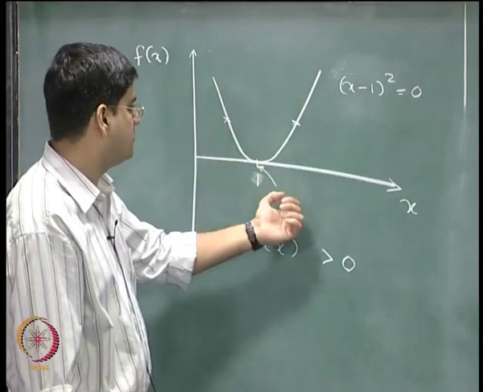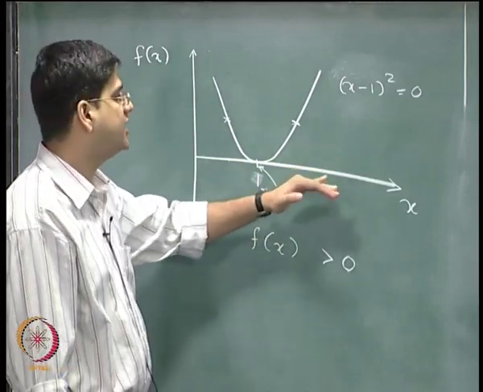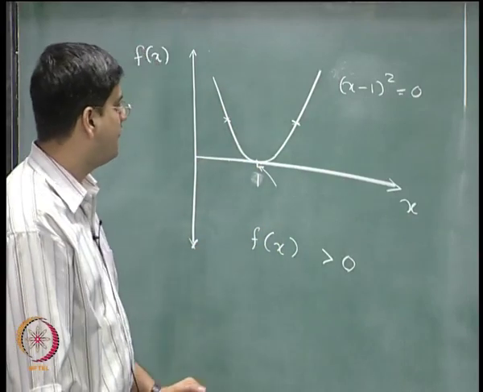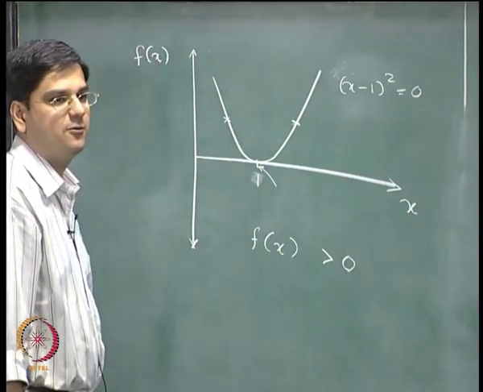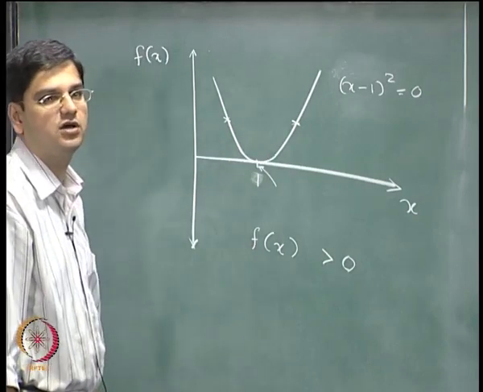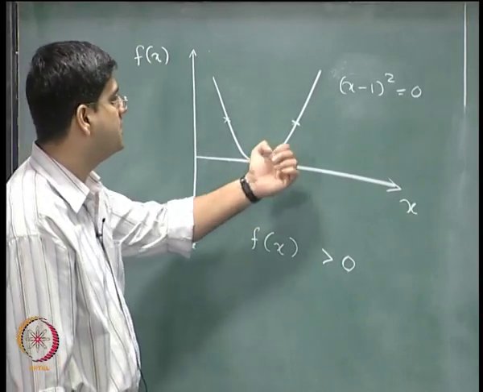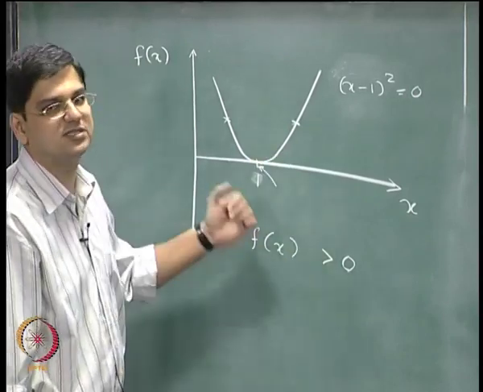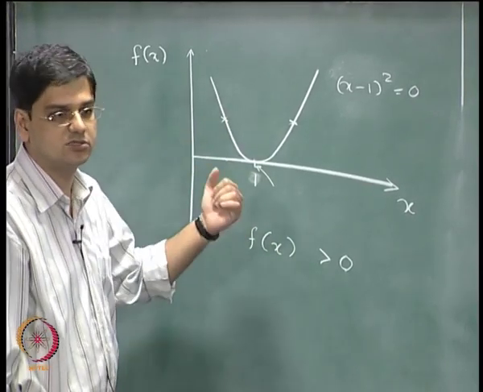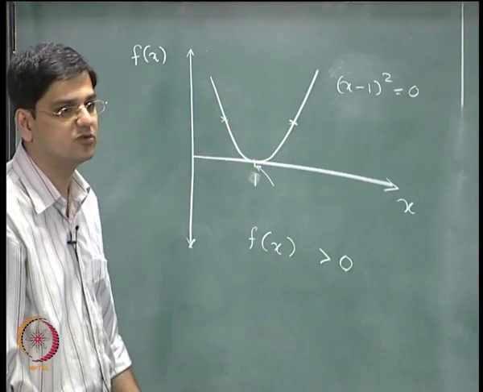So no matter what method we use, we will not be able to get starting initial guesses for a bracketing method. However, when we look at, for example, the secant method, it does not have any problem with an example of this type. The reason is that it does not matter whether f of xl times f of xr is positive or not. In either case the secant method is going to work.